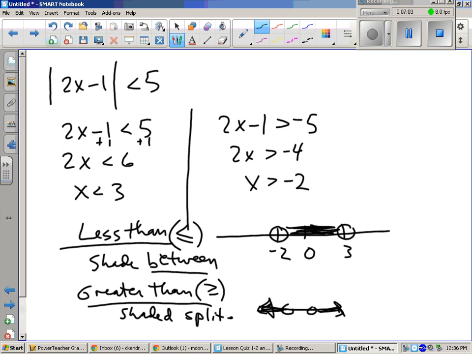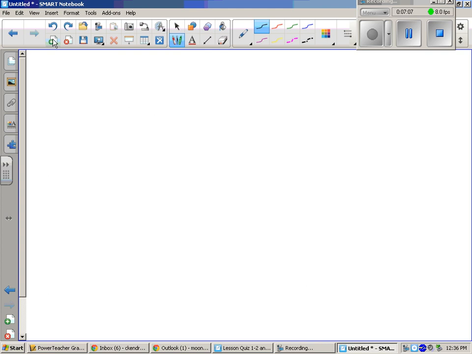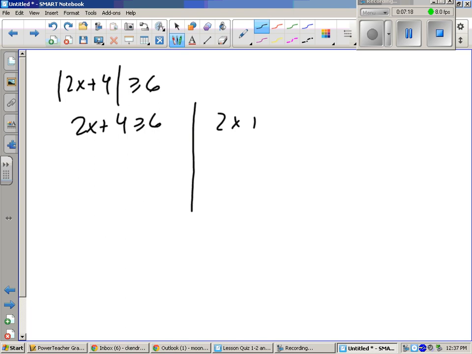And actually, we're going to do one right now, so hang on tight. Let's try one of those greater than. So I have the absolute value of 2x plus 4 greater than or equal to 6. So you first write it out like normal. The second one you write out, you have to turn that around and then make it -6. So I'm going to subtract 4. Then I'm going to divide by 2.